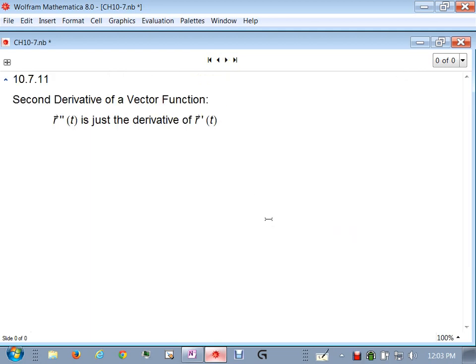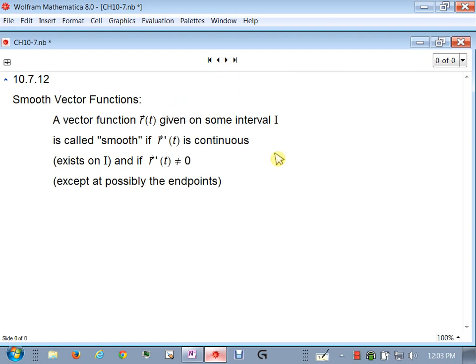All right, second derivative. Of course, just as you'd think, just take the derivative of the derivative. That's the second derivative. But we use the derivative to define something that we don't have in Cal 1. It's called smoothness.